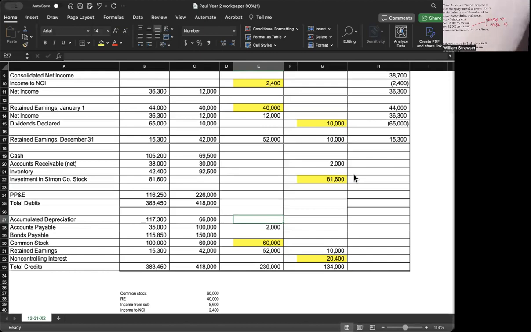Now, the other thing we need to do is get rid of the accumulated depreciation at acquisition. At acquisition is so important. These were made just now. They weren't made further up the sheet, so they're new.